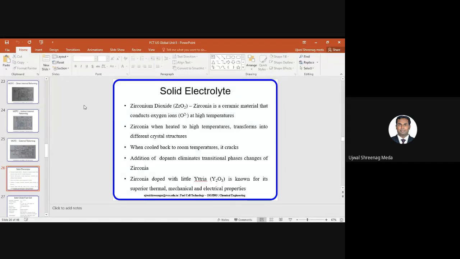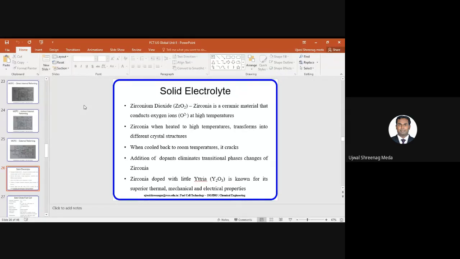A few general remarks about solid electrolyte. The most common ceramic material which is used as a solid electrolyte in case of SOFC is zirconia, zirconium dioxide, which is also known as zirconia.